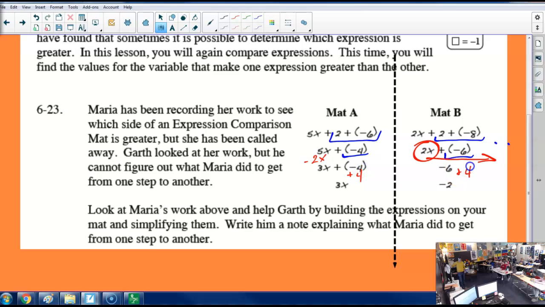What we could show on both sides is she actually adds 4 because that makes 0. And we get 3x equals -2, or not equals, but 3x compared to -2. At this point, Garth asks, all right, Maria, so which side's bigger? And Lydia, what would Maria's answer be to which side is bigger?